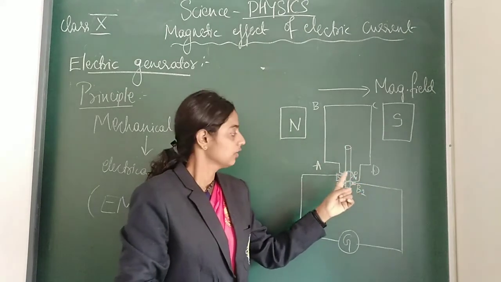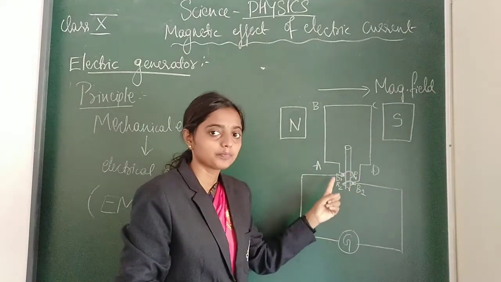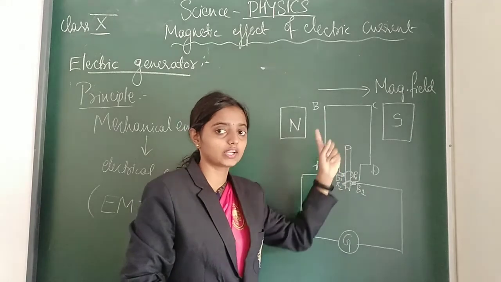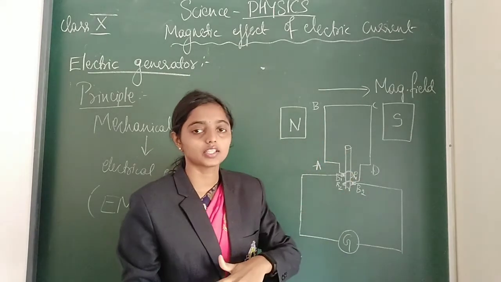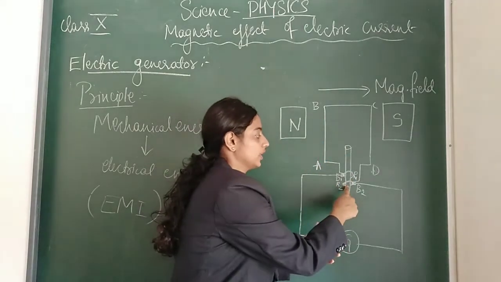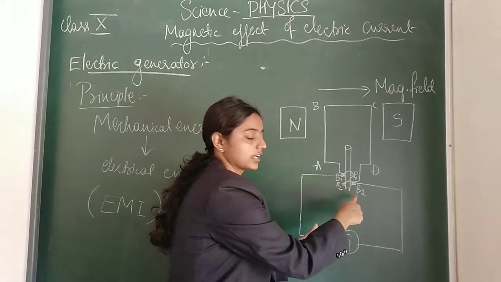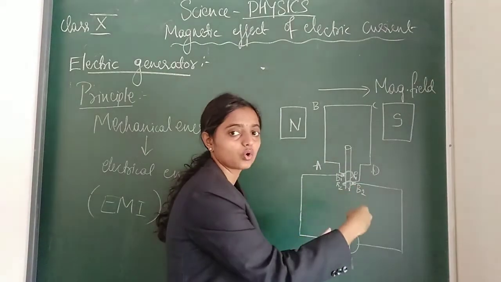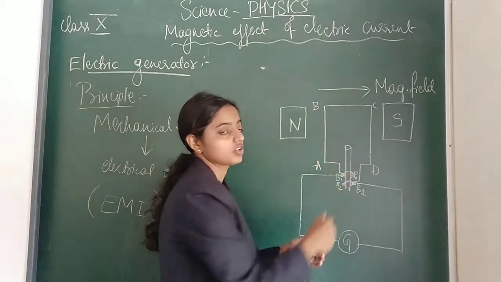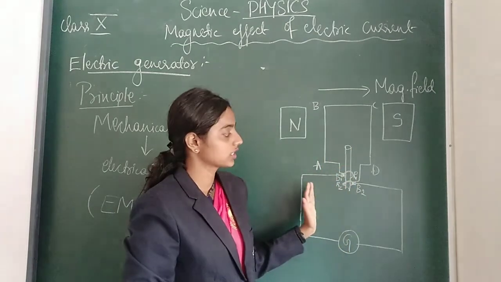So here, mechanical energy is converted into electrical energy from an outside source. When this axle starts to rotate, the coil will also start to rotate. So this is the diagram.